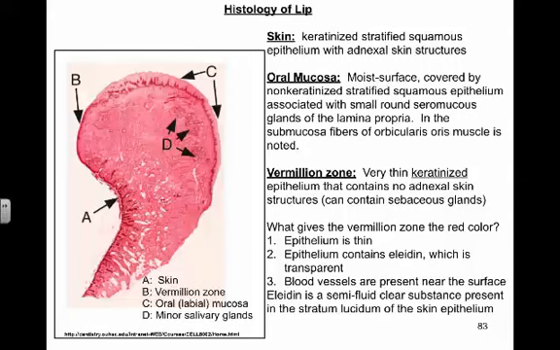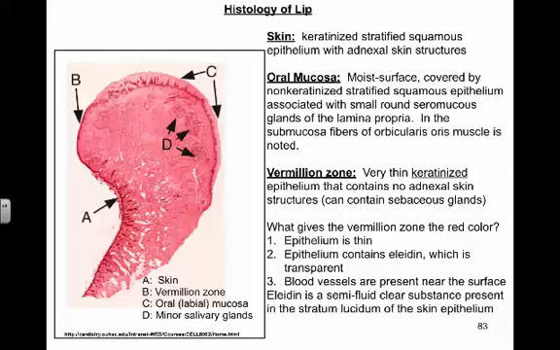It's got the lamina propria, submucosa, and you'll see muscle, the orbicularis oris, especially in this area. The vermilion zone right here is thin, easy to cut and easy to bleed. Keratinized epithelium, with lots of sebaceous glands right over here.